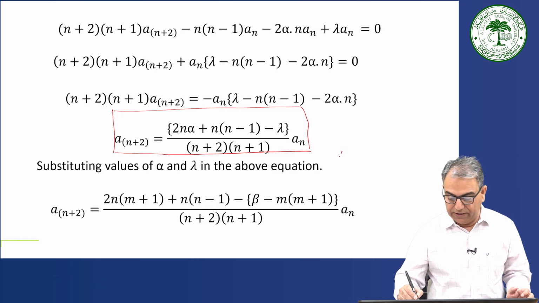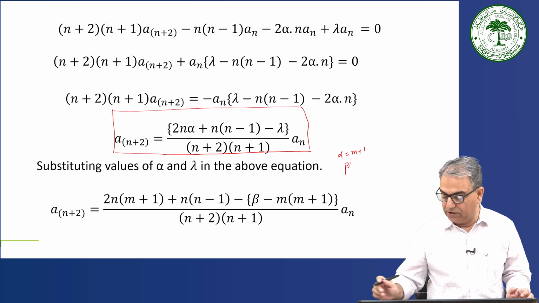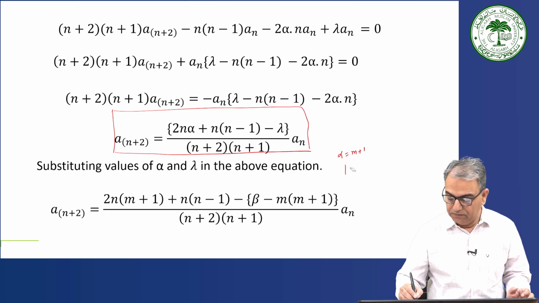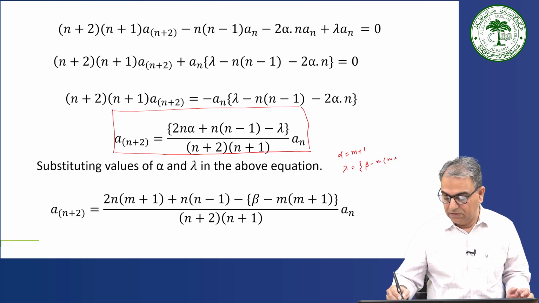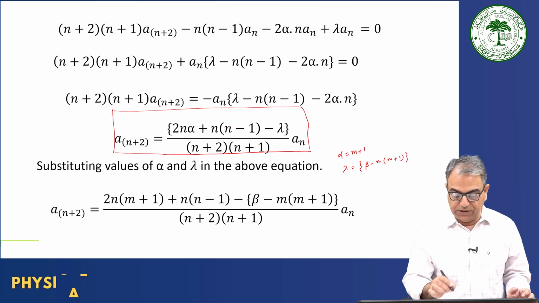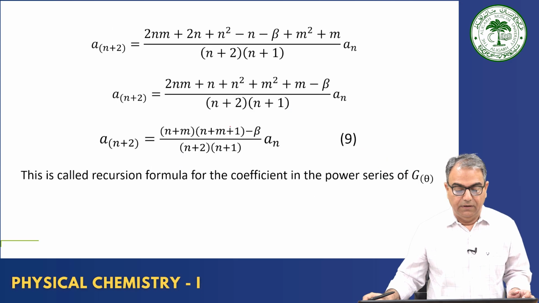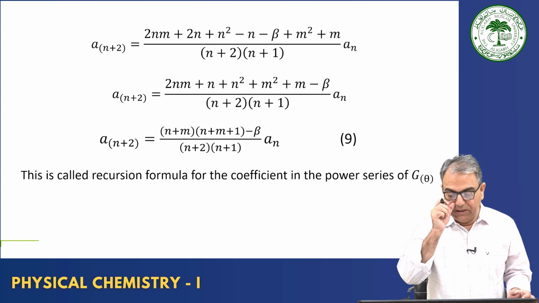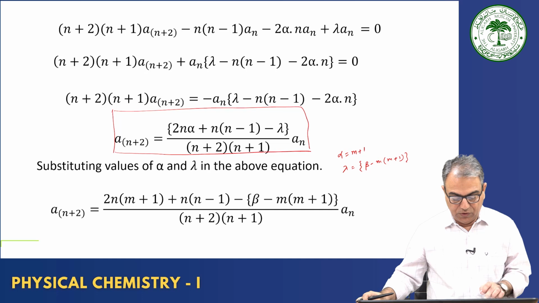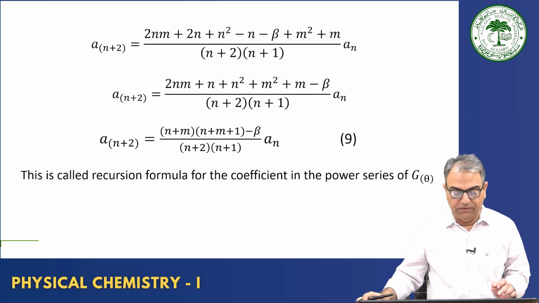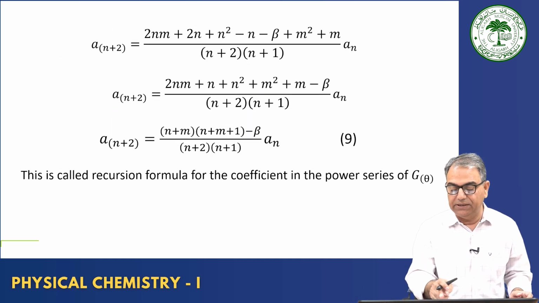Now, further rearrangement: 2nm plus 2n plus n square. It's simple algebra, and finally what you get is equation number 9.